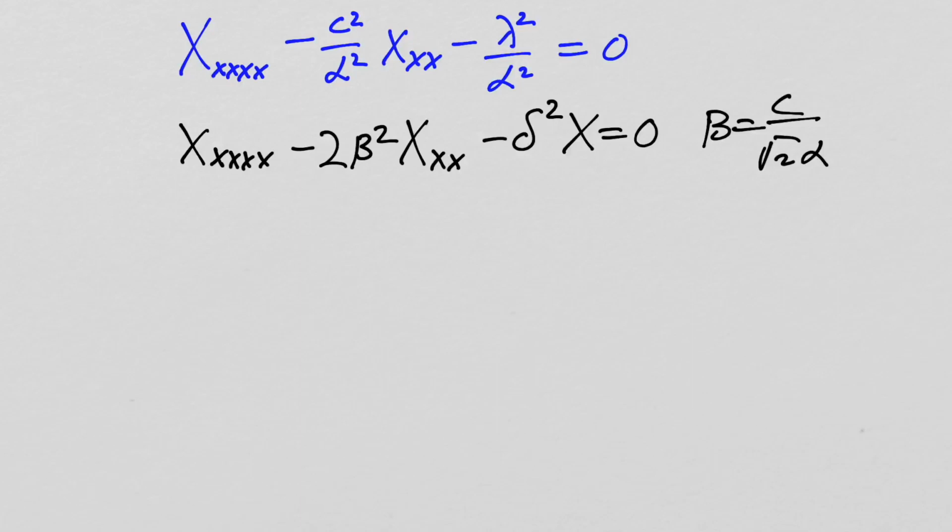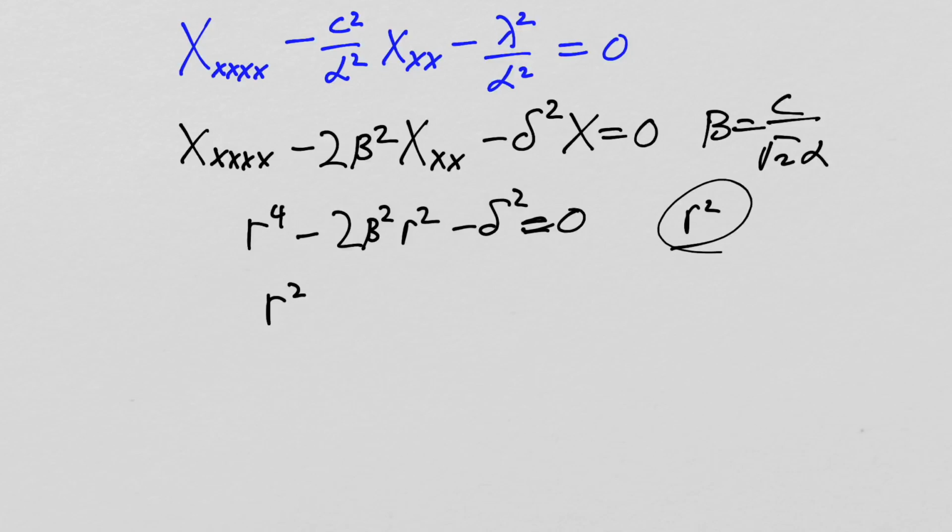Okay, so attacking this is done with just, we have to write down the characteristic equation. The characteristic equation is r to the 4th minus 2 beta squared r squared minus delta squared equals 0. And the solutions to that characteristic equation are the r squared, because now this is a quadratic equation in r squared, right? So we use the quadratic equation to solve this. No problem.